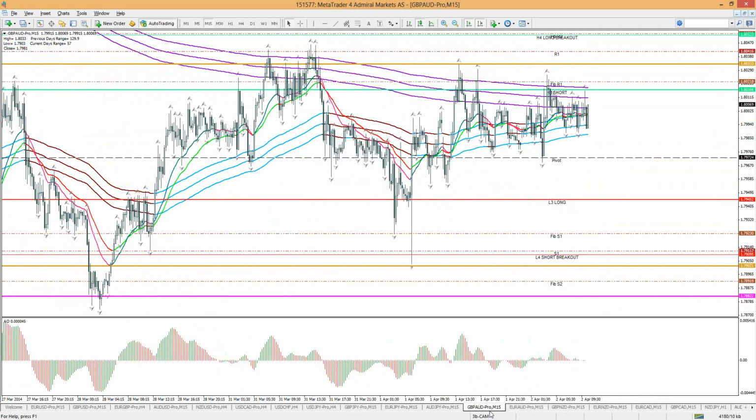Alrighty. If there's some specific Camarilla currency pair you would like to see, let me know. Otherwise, I'll just go to a template that doesn't have Camarilla so that the charts become a bit less crowded, okay?